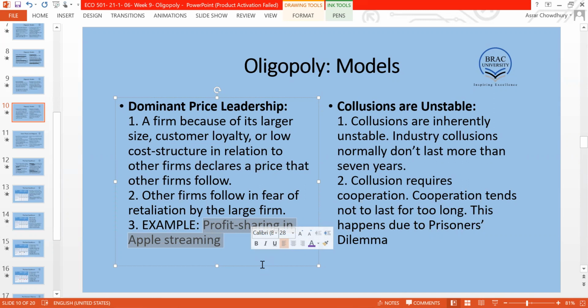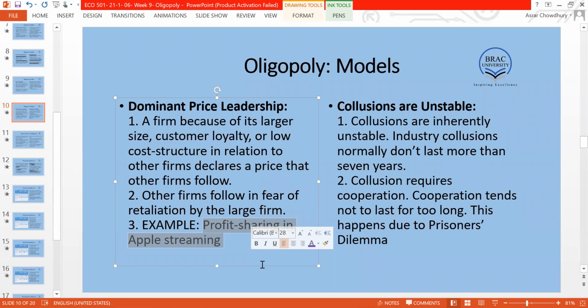This is dominant price leadership. And whatever Apple declares, the remainders follow. Why? Because Apple is such a large platform. Okay, so whatever Apple says, even if you listen to Apple, you get a chunk of their market dominance.